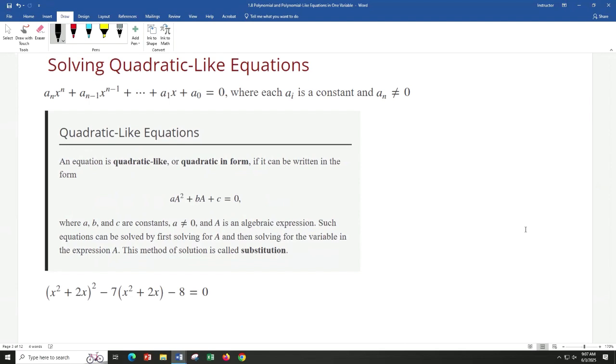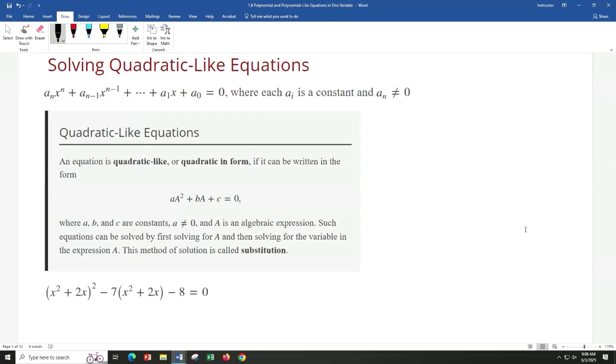So an equation is quadratic-like, or quadratic in form, if it can be written out as a form. Look at how they wrote that. We're not using x's, are we? They use the capital A. They're doing that for a reason, because they don't want you to get confused between formulas. Where a, b, and c are constants, a can't be zero, and this big A is an algebraic expression.